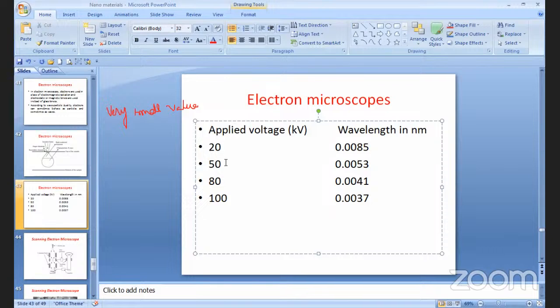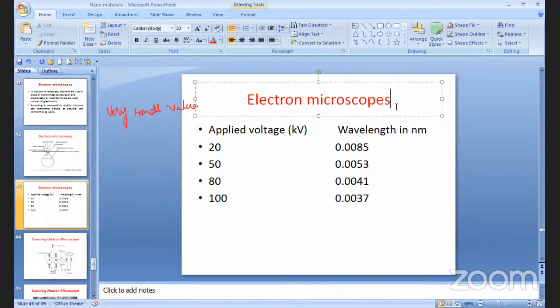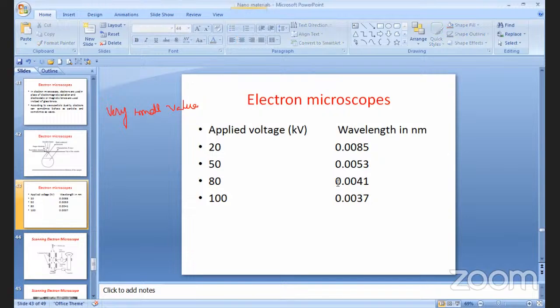And similarly, if you apply 50 kilovolts of energy, then we can get 0.0053 nanometers. Otherwise, if you apply 80 kilovolts of energy, you can get 0.0041 nanometers wavelength of electrons.